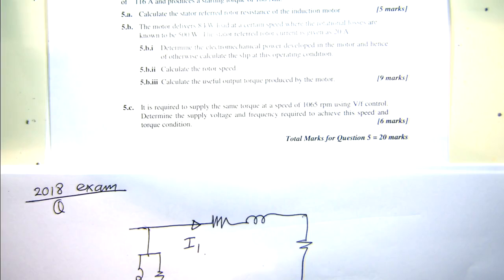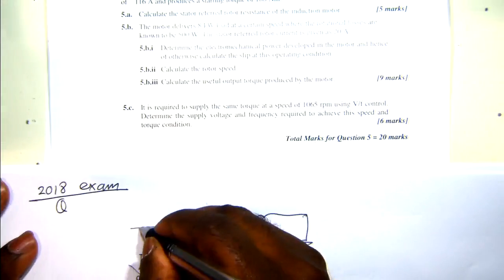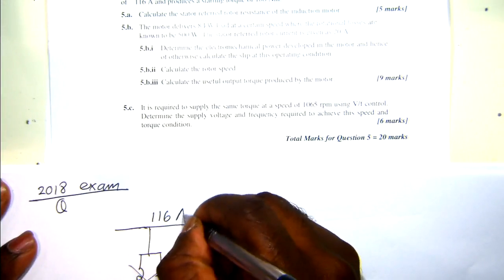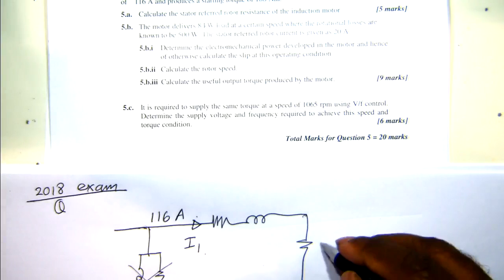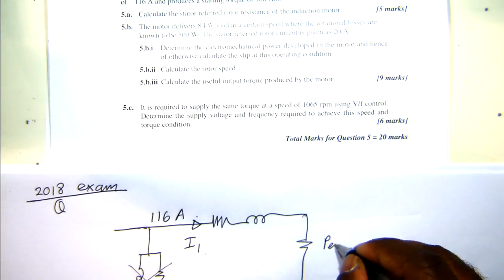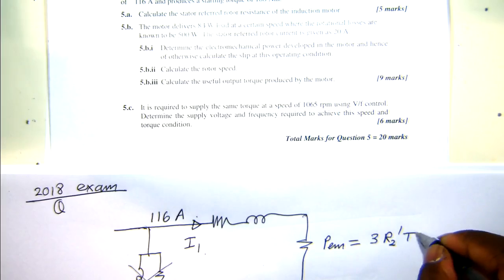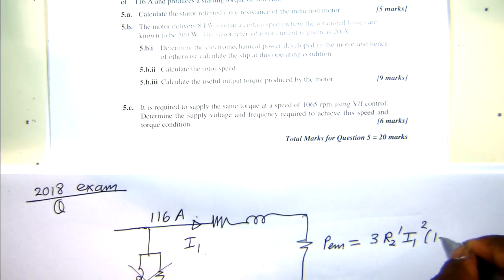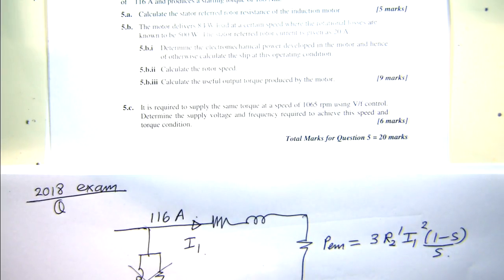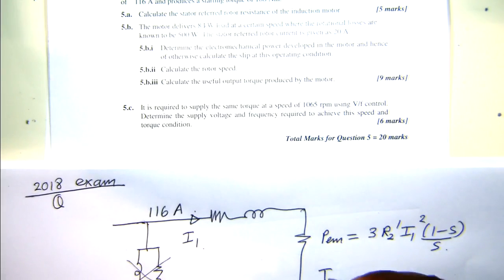So it's like the locked rotor condition, and we neglect this bit here, and we assume this is consuming 116 amperes, and the P_EM is going to be 3 times R2 prime I1 squared times (1 minus s) over s, and the torque is going to be 3 times R2 prime I1 squared over s times the synchronous speed.